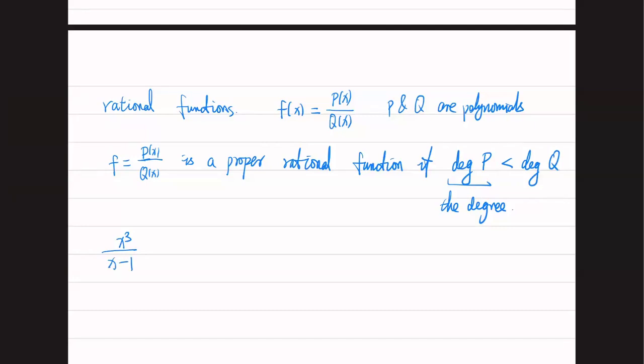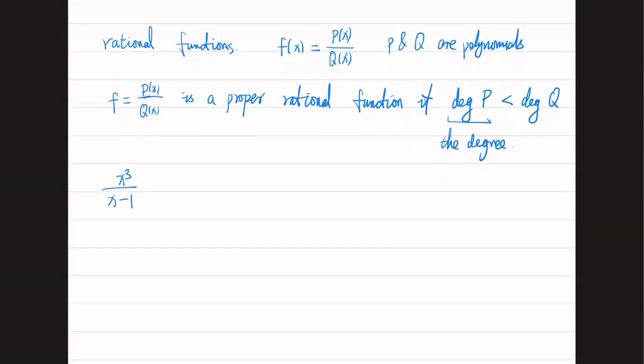Okay. Sophia, according to this definition, is this rational function proper or improper? It's improper. Okay, it's improper.